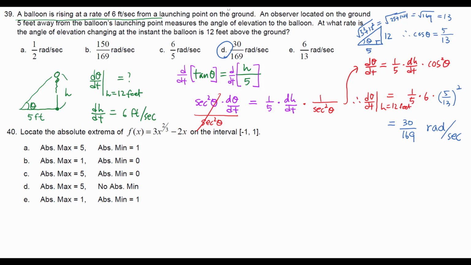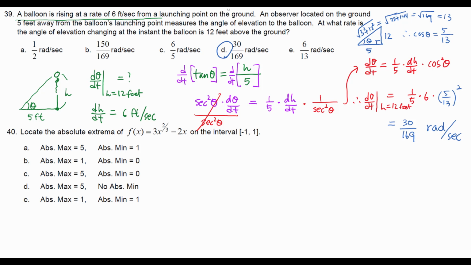How to get that? We first find the derivative, find the critical numbers, because relative max and relative minimum only happen on the critical numbers. So we're going to find all relative extrema and the endpoint function values, pick the highest one for absolute max, pick the lowest one for the absolute minimum.